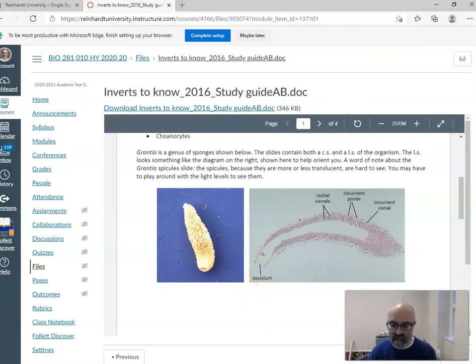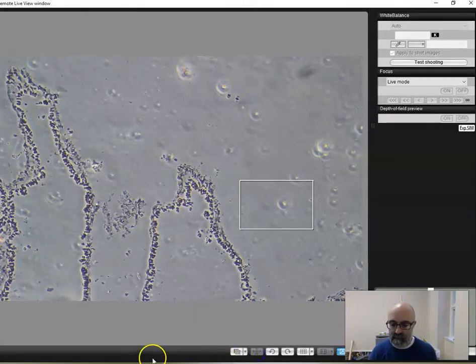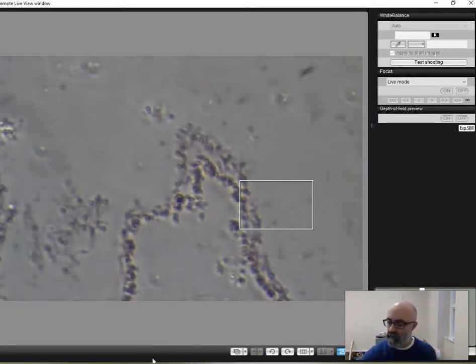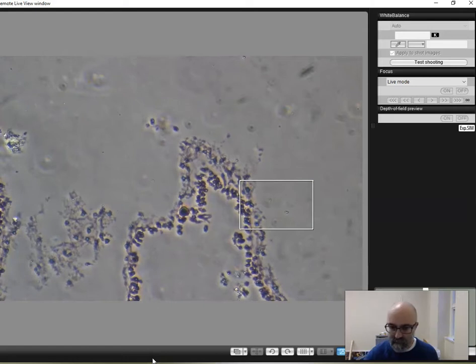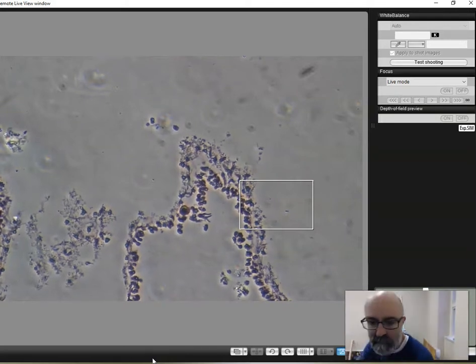So when you come to lab next week, you're going to want to obviously spend some time going through. Oh, here's an even more focused view. How many times magnified is this? This is 400 times magnified.